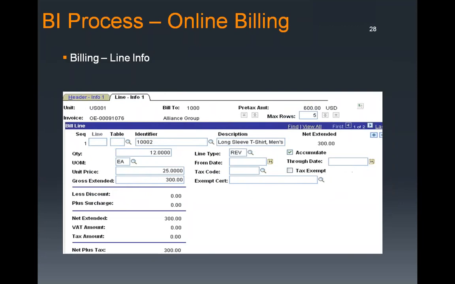And billing line info. Line info means the item details you create. Like you ordered 10 chairs, 10 tables, and 10 monitors. So individually you can see the lines. Quantity 10 tables, each one 25, like this.